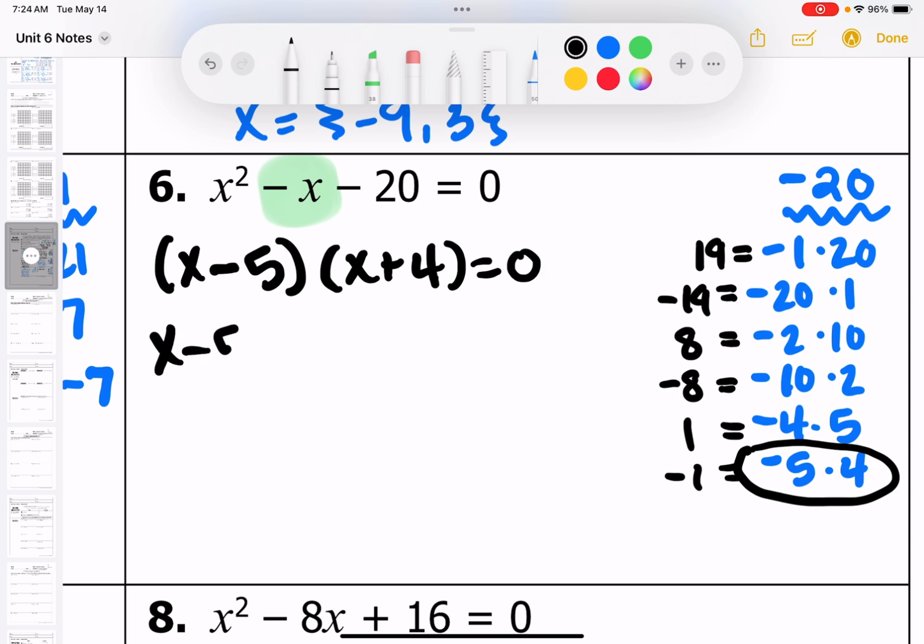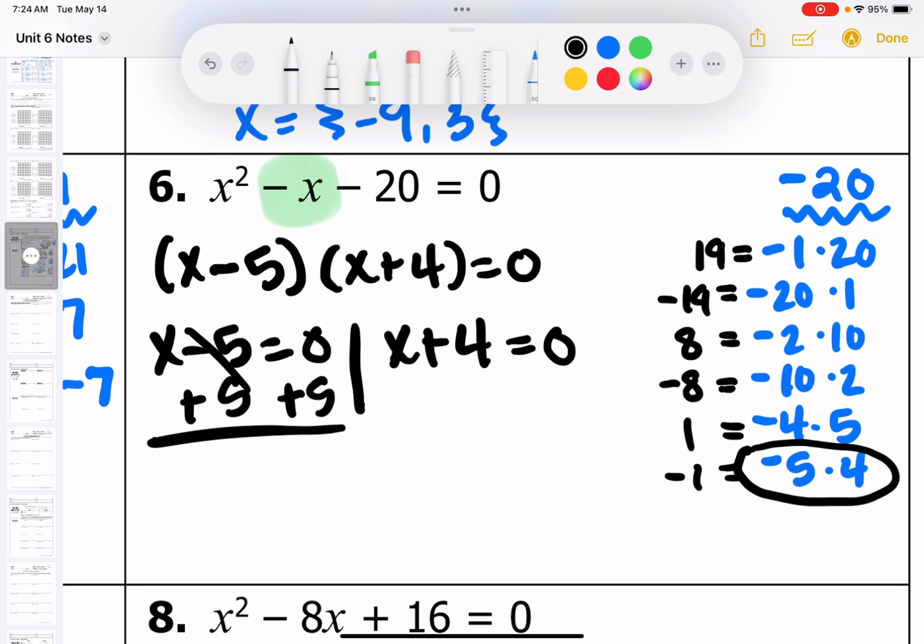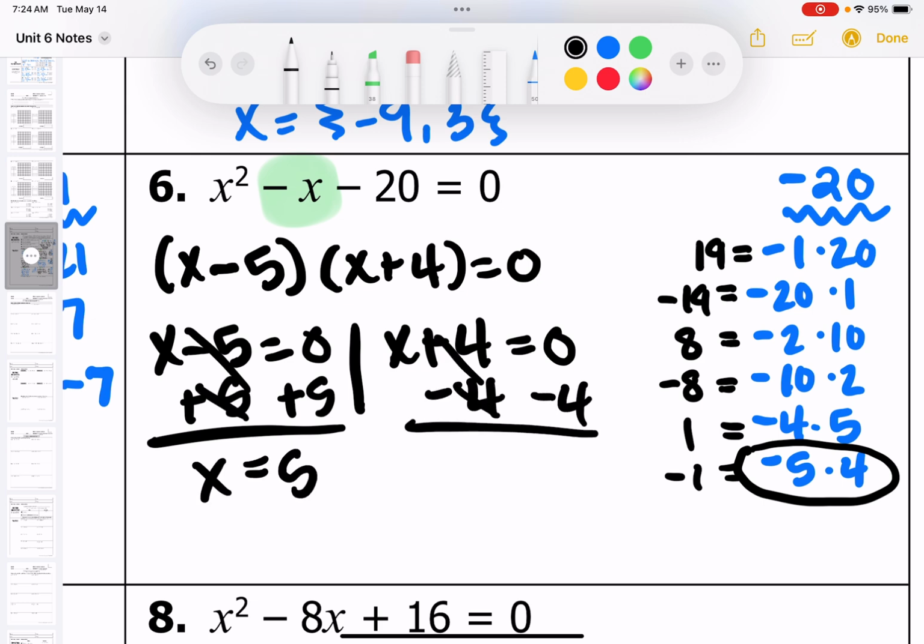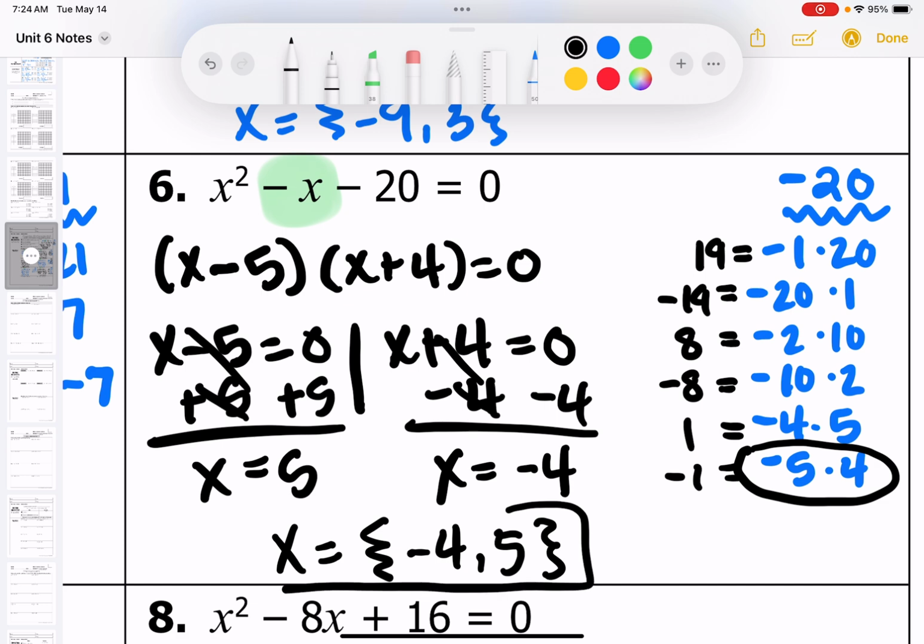So from this list, we can see that we're going to use -5 and +4. Now I'm going to break it apart and solve for x. So that would be our final solution.